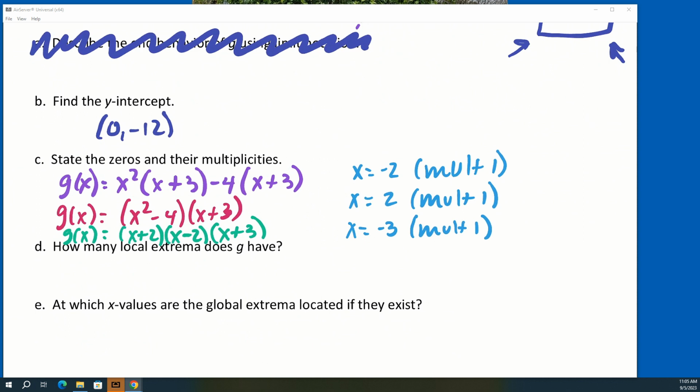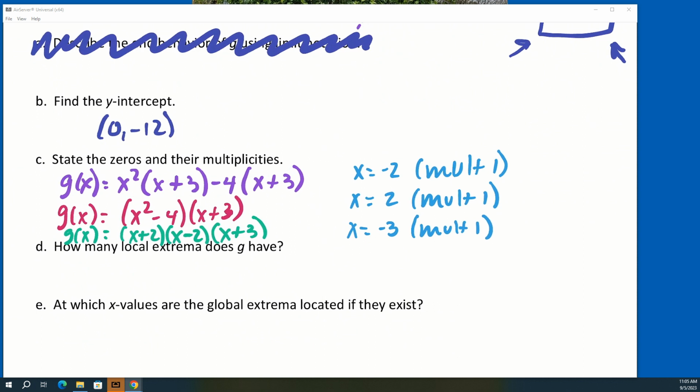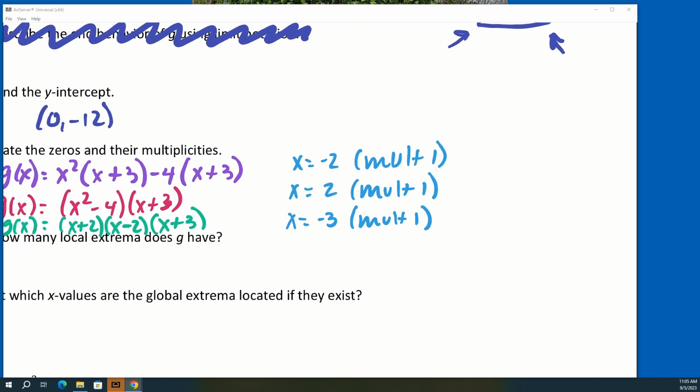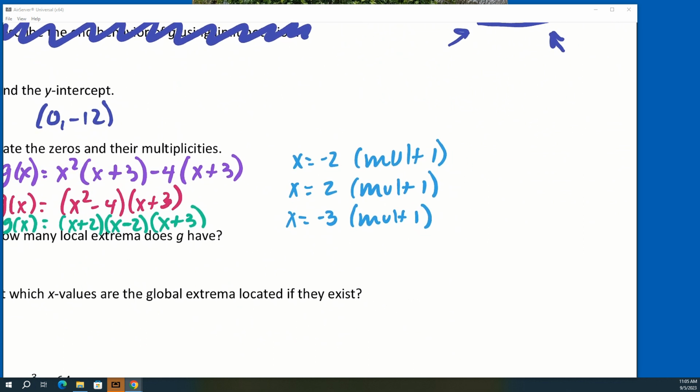All right. Now to answer D and E, I think we need to have an idea of what the graph is going to look like. Now this one, we are only going from -7 to 7. We're not going to continue in both directions. And I know my zeros.